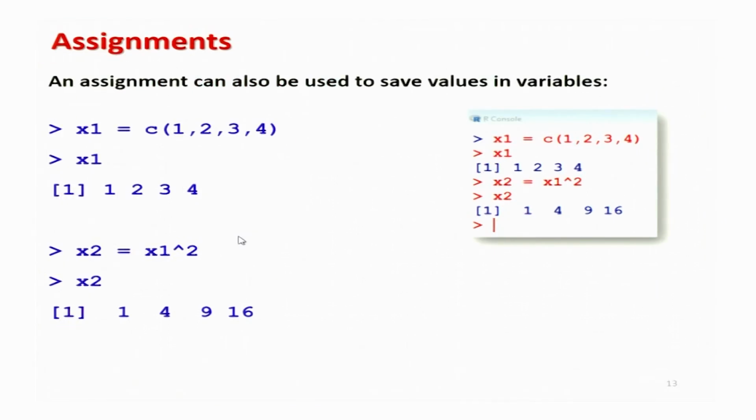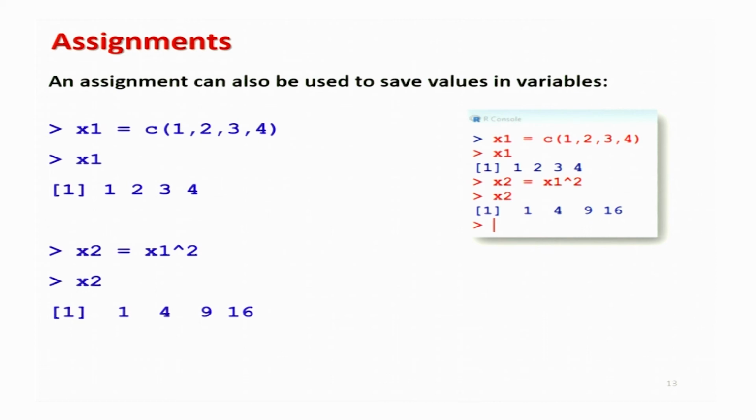And I just want to show you one more operation that will really help you when you are trying to write your own programs. Whatever values you give in the form of a data vector can also be assigned to a variable.